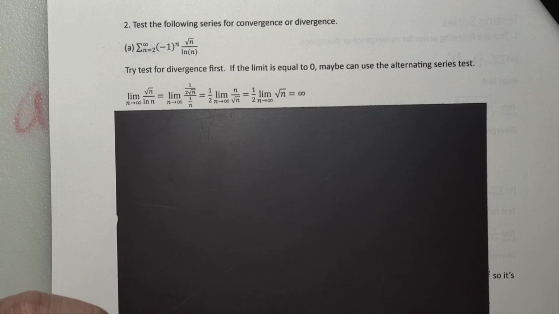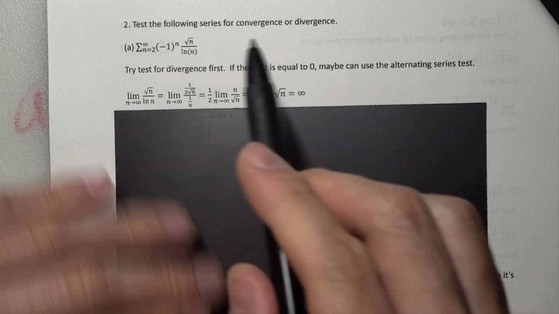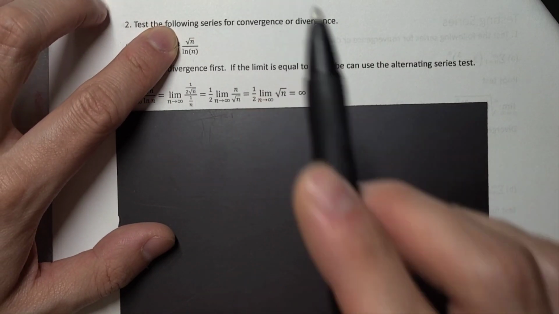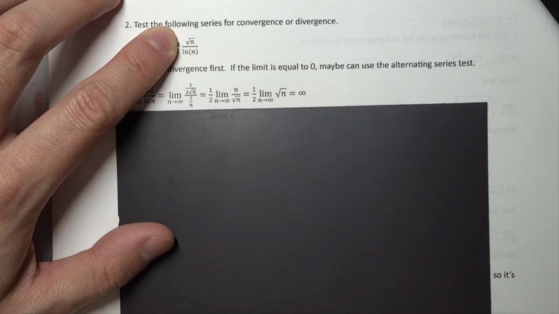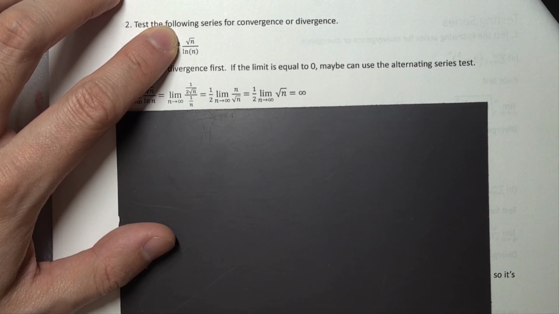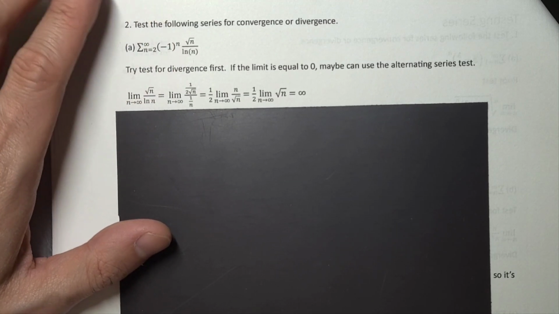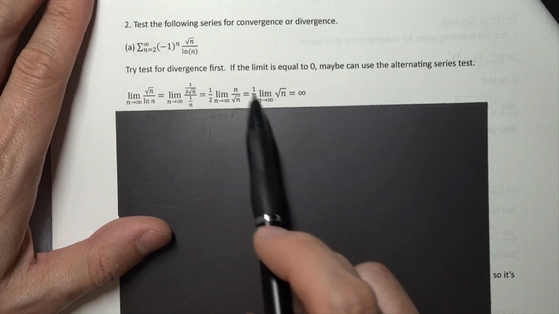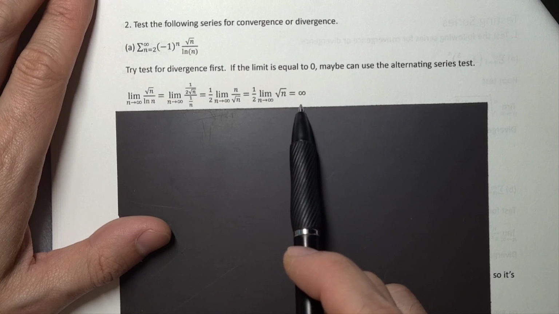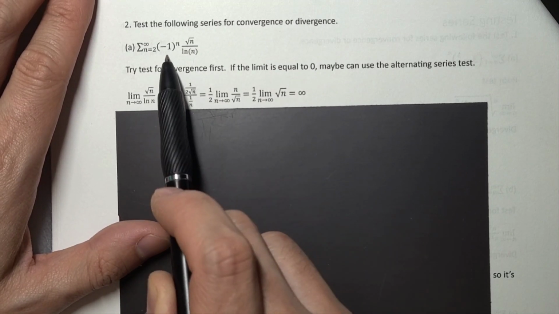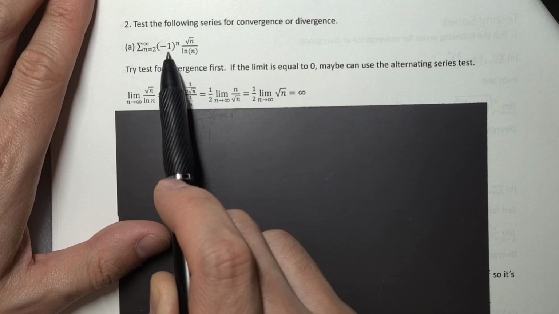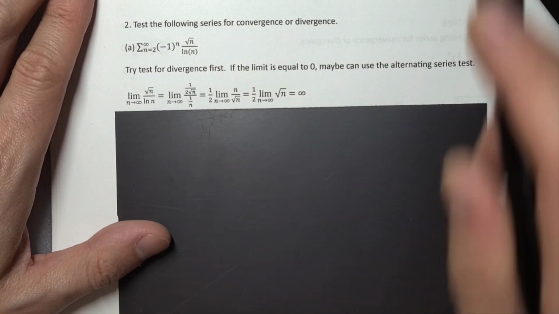Because remember, the alternating series test says if the sequence is decreasing and it approaches 0, then it converges. It doesn't say anything about diverging, actually. So we can't use the alternating series test to say that this guy diverges. That's not allowed. Instead, we found this limit, and since it approaches infinity without the changing sign, if we add back the changing sign, it'll oscillate between positive and negative infinity.